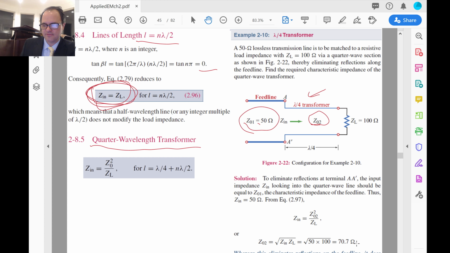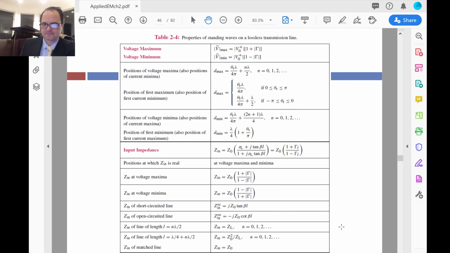It has to be 70.7 ohms. And then this will eliminate the reflection on the feed line. It does not, by the way, eliminate them on the lambda over 4 line. You will have waves going back and forth and back and forth. But eventually, they all will make it to the load and be used by the load.